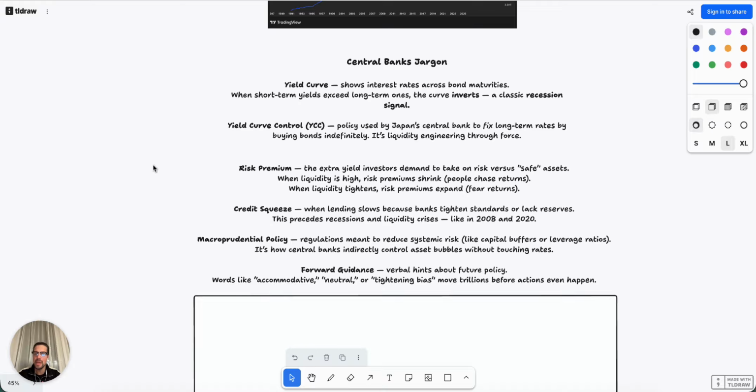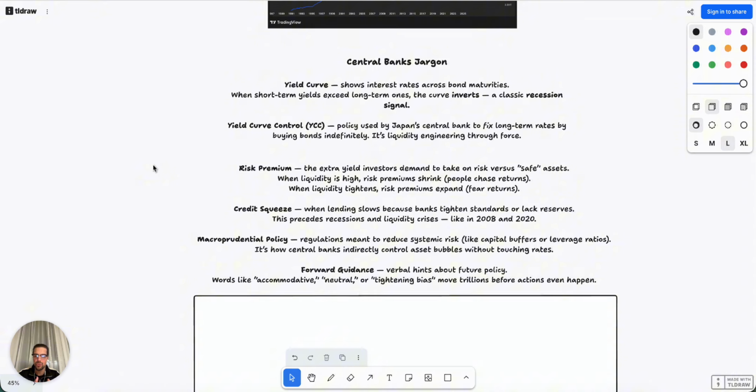The credit squeeze is when lending slows because banks tighten standards or lack reserves. This precedes recessions and liquidity crises like the ones in 2008 and a recent one in 2020. Macroprudential policy: regulations meant to reduce systemic risk, like capital buffers or leverage ratios.